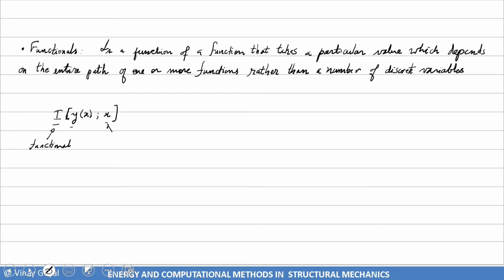And x here becomes the scalar quantity, right? And this is equal to the integral from x1 to x2 of f dx, okay? And what I'm trying to do is find y of x that minimizes I. That's what I'm trying to do.